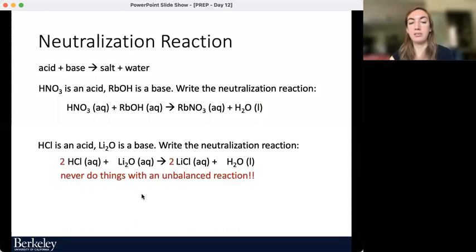So what I'm going to do is just balance my reaction. And so I'm going to take my 2 hydrogens from my HCl and my oxygen from my base, and I'm going to end up with H2O. And then what's left will be this LiCl salt. So for a neutralization reaction, I'm always going to end up with a salt, which is just my cation, my anion, and water.